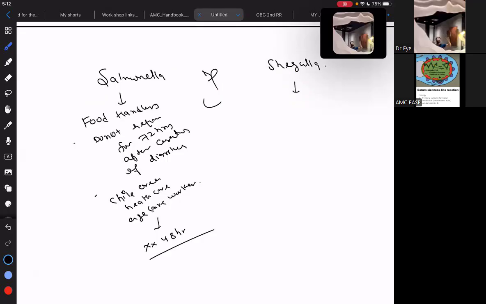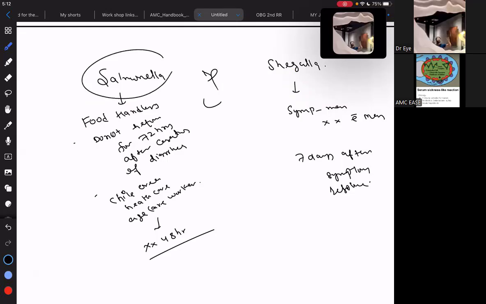For Shigella, the symptomatic men should not have sex with men, please. Do not have sex for 7 days after symptoms are resolved. This is very important.